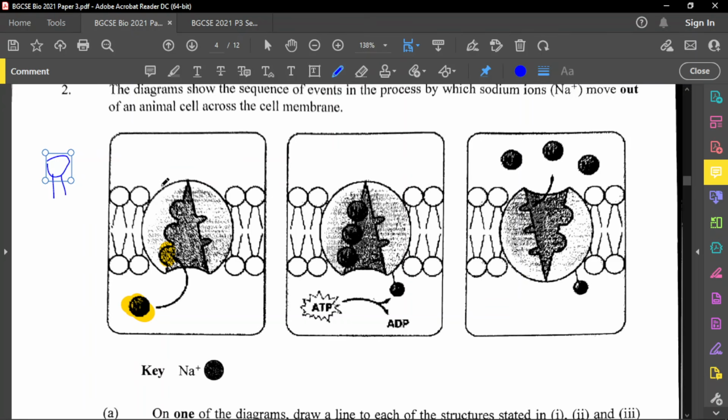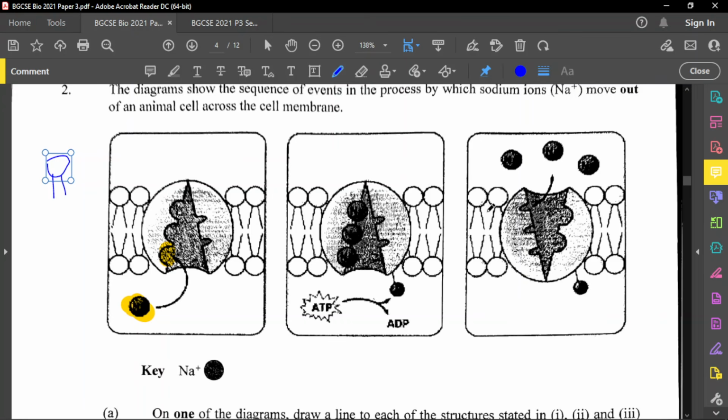Any large molecule you see through the membrane is a protein. You have transport proteins and so on, so there are different types of proteins, but generally we call them transport proteins. We have varying types, but we get into that a little later.